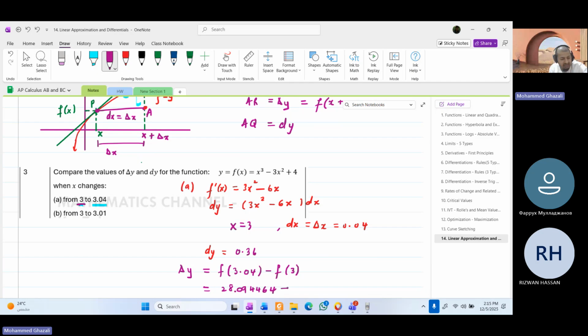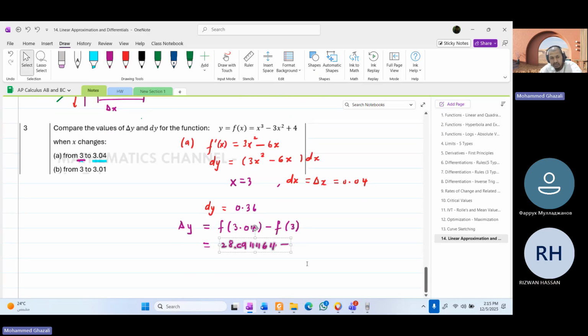And f of 3 gives me 4 only. Wait, sorry. F of 3.04 is not this value here. What is f of 4.36?